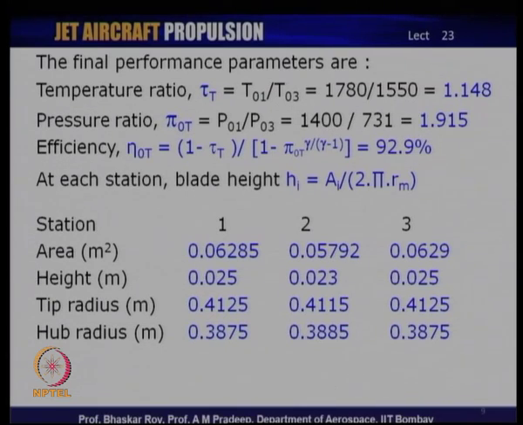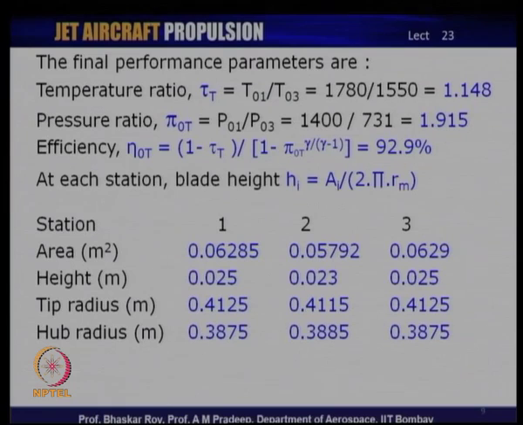At each of these stations, the blade height can also be calculated simply using the geometry at that particular station, that is Hi equal to Ai divided by 2 pi r mean at that particular station. And if we put them all in a table for stations 1, 2 and 3, we get the areas which we have computed before, and these areas are now shown over here.